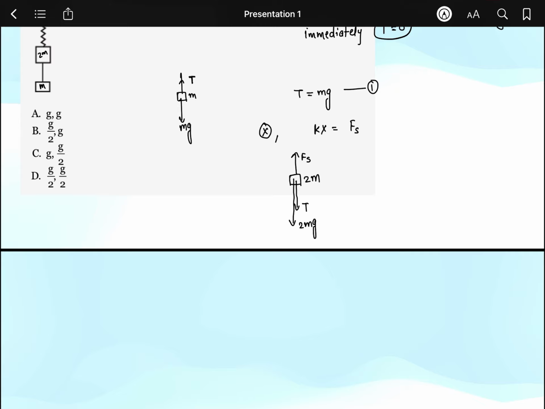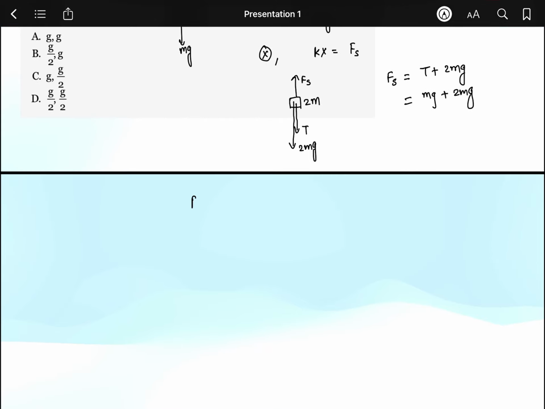Now since our system is in equilibrium, upward force will be equal to downward force, that is Fs will be equal to tension plus 2mg. From equation number 1 we can substitute the value of T, so T will be equal to mg, and our spring force will be equal to mg plus 2mg, that is 3mg.